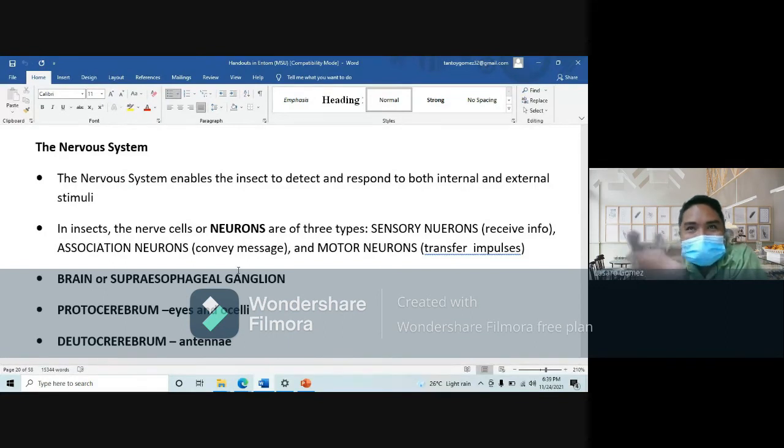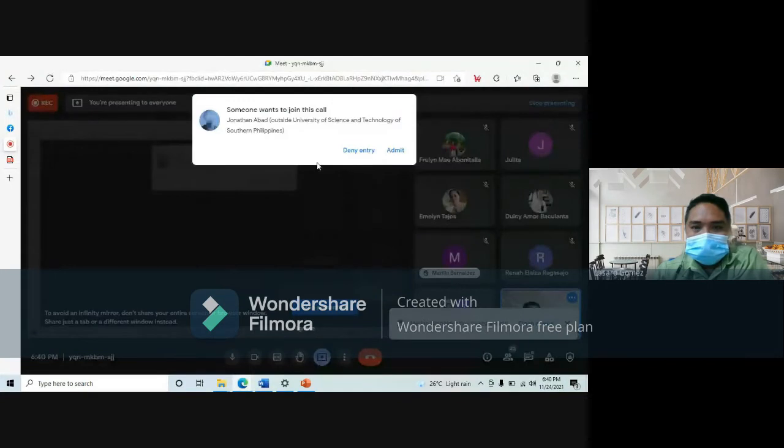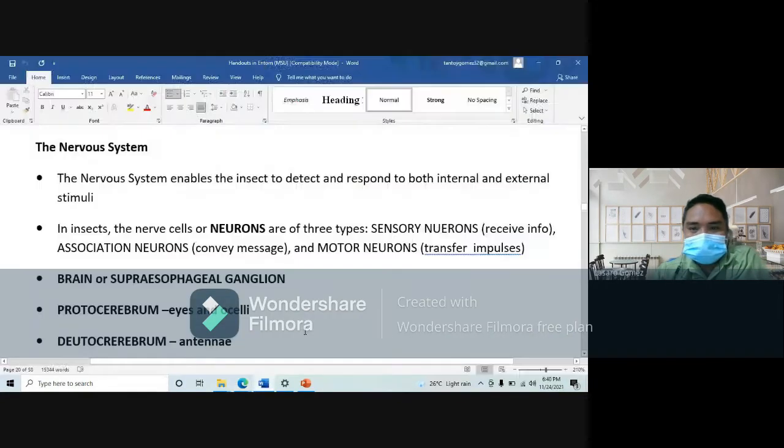Just like us, but with the actions that they have, they can transfer messages. They detect throughout their environment and process it.